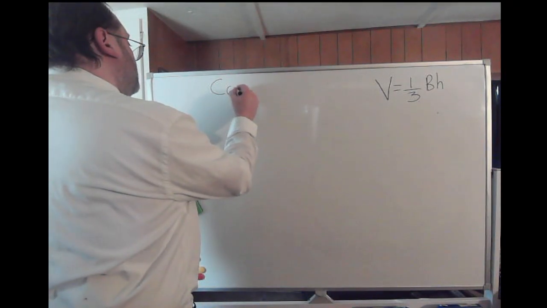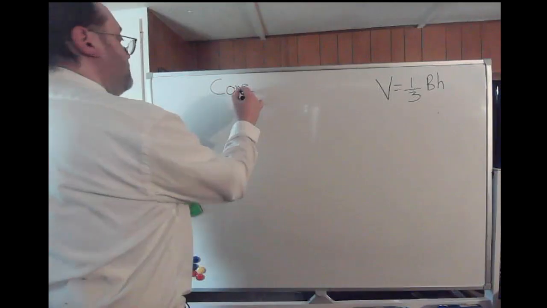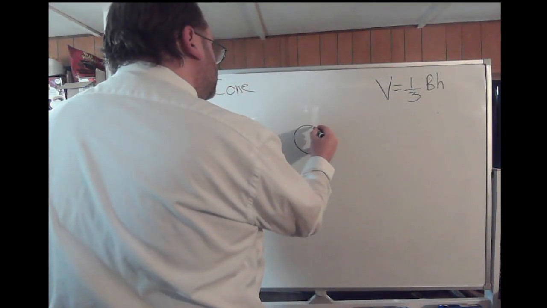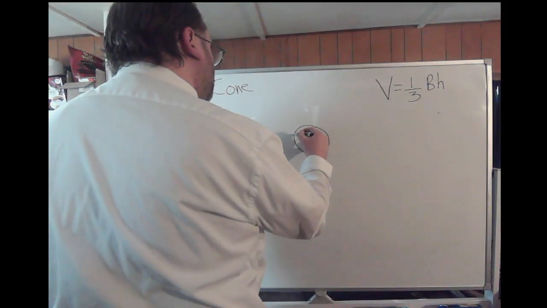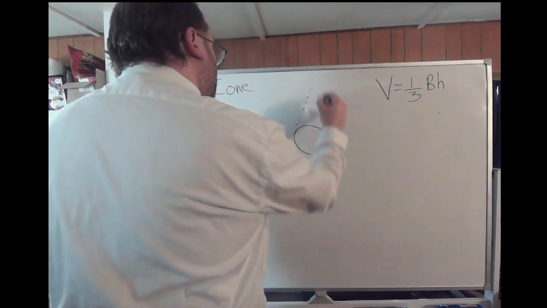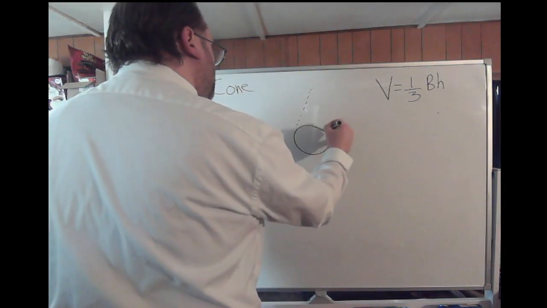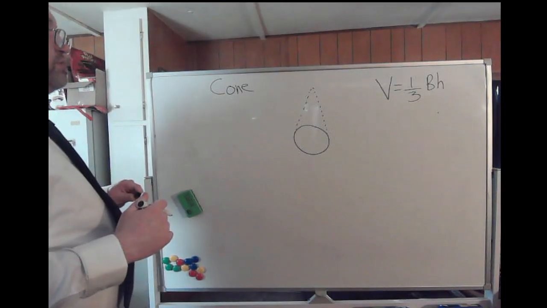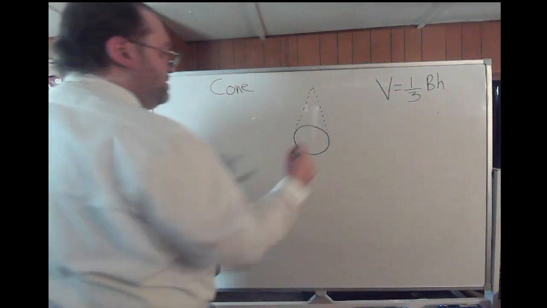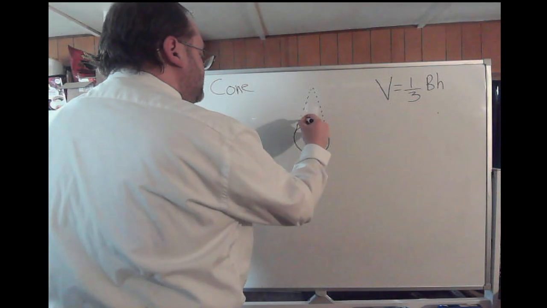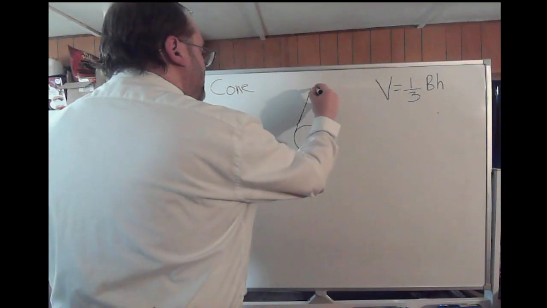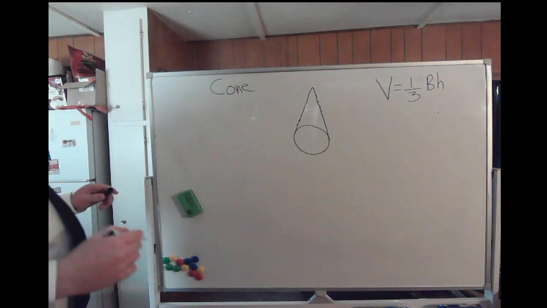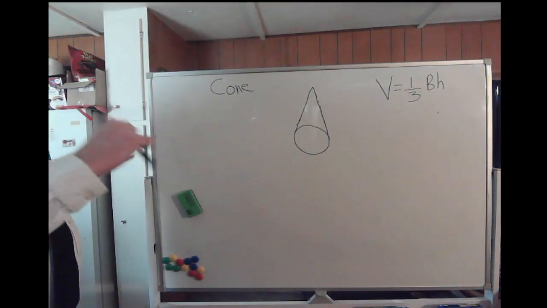Let's talk about cones. Or just, we'll say a cone. So, of course, you have your circular base, and then you have your height, meaning at one focal point above the circle.